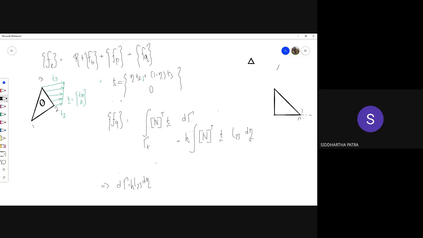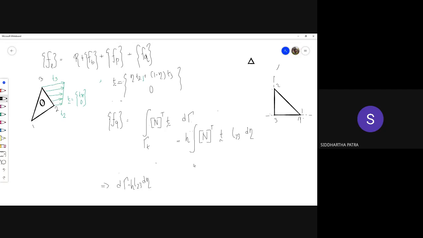Okay, now I made one mistake. Please note that if you look at the ideal triangle, so this is 1, 2 and 3, if you go from 2 to 3, integrate between 2 to 3, eta is actually reducing.